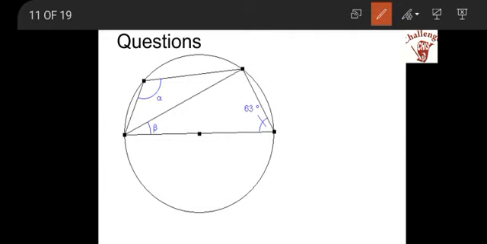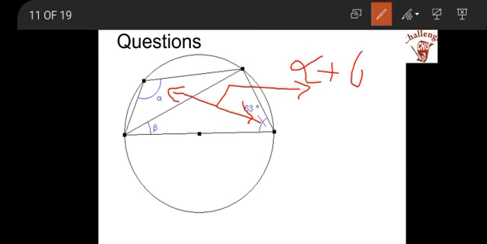First of all, you have to say this angle is opposite to alpha. When they are opposite, that means we add up alpha plus 63 must equal 180. According to the previous property, we must add them together to give us 180 to find alpha.